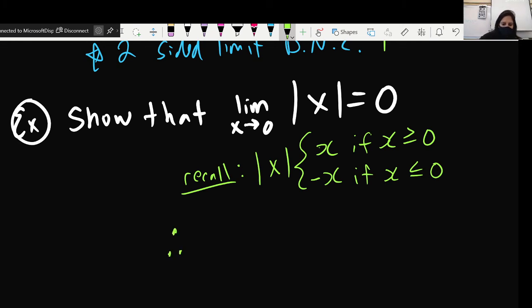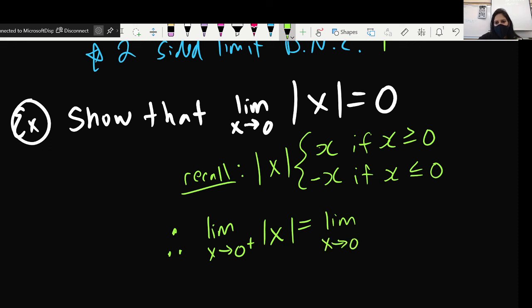Therefore, the limit as x approaches 0 from the positive side of absolute value of x would be equal to the limit as x approaches 0 of just x, if we're looking at the positive side of it.